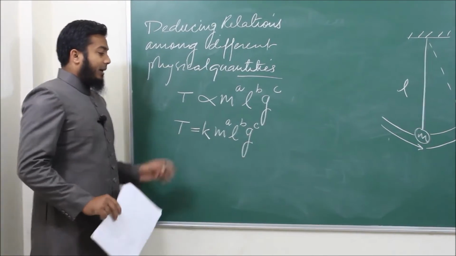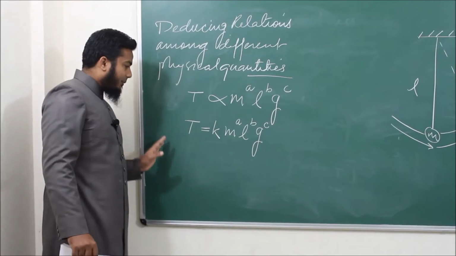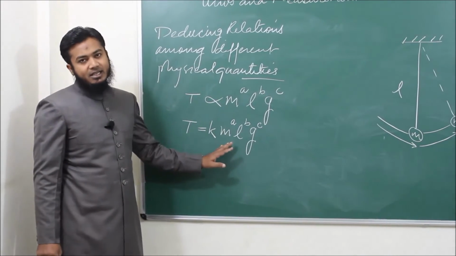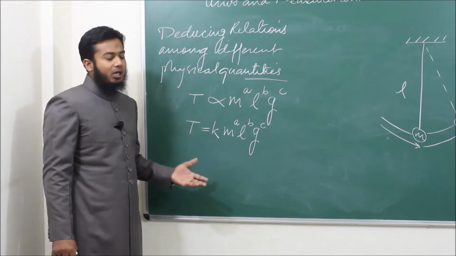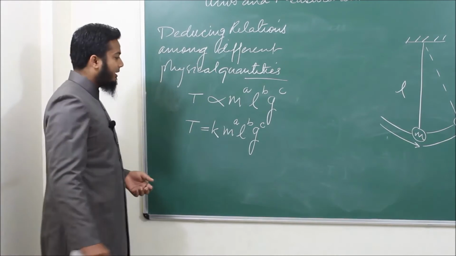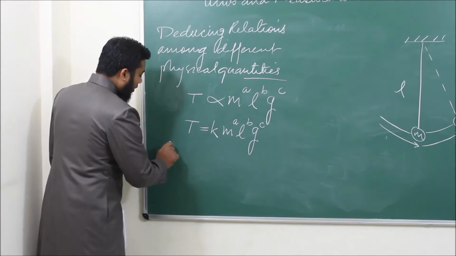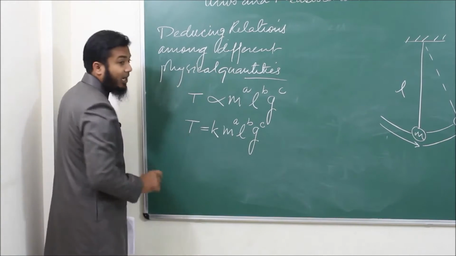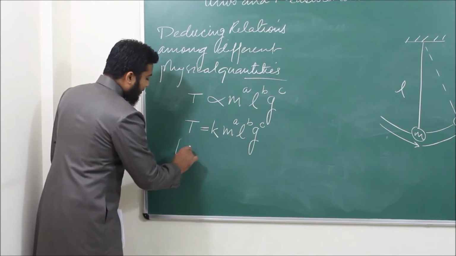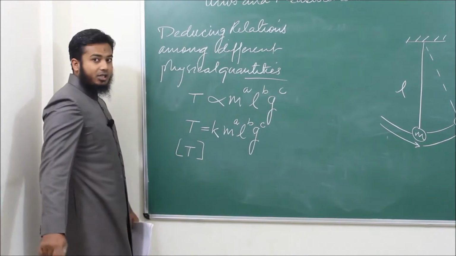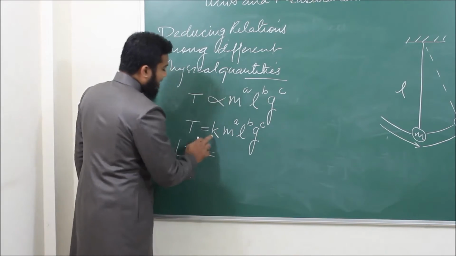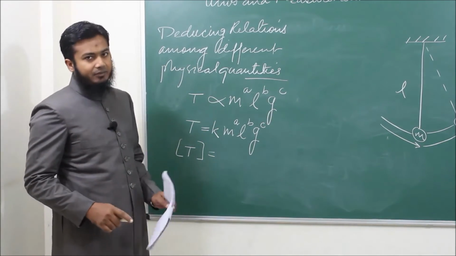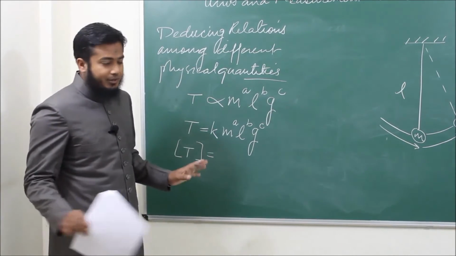Now the dimensional consistency says that dimensions on the left hand side and right hand side must be same. If you are going to have a formula, the dimensions on the left and right hand sides should be same. So on the left hand side we have time period, and the dimensions of time period will be capital T. On the right hand side, this is a proportionality constant, and we suppose it has no dimensions.